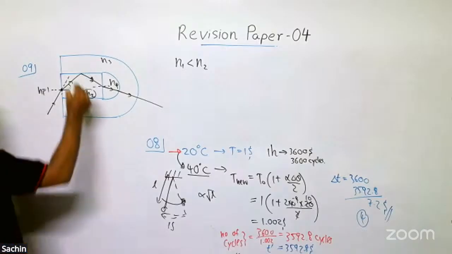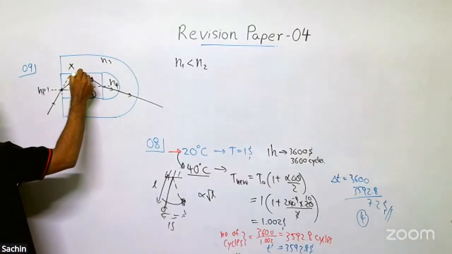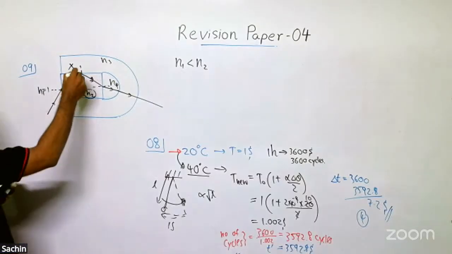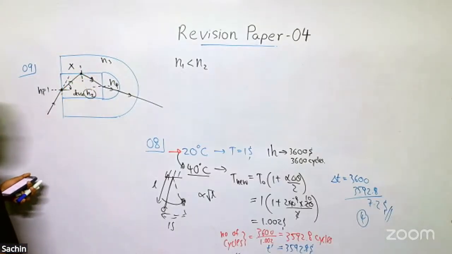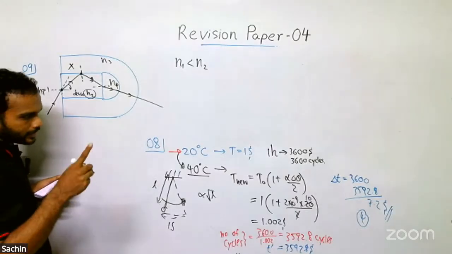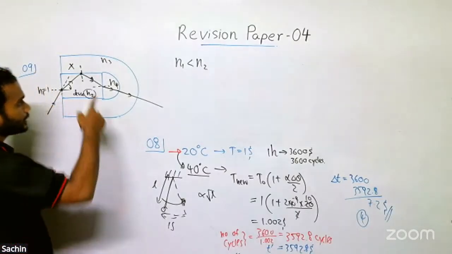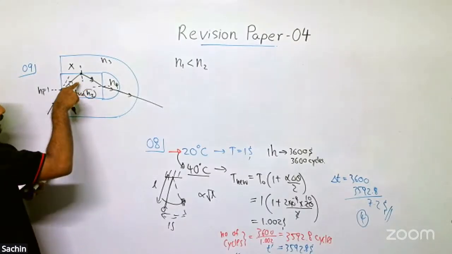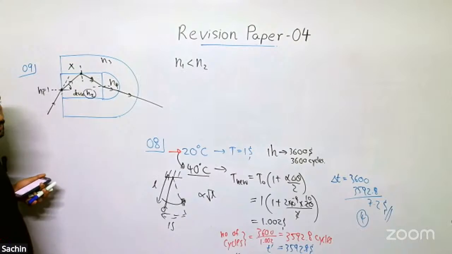And then they have clearly mentioned at point X, there's a total internal reflection. Total internal reflection only happens when the light ray falls from a denser medium to an air medium.